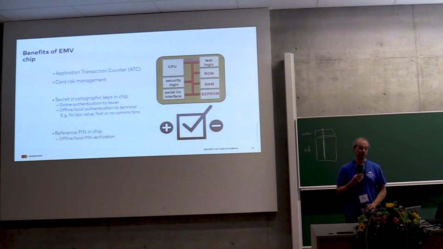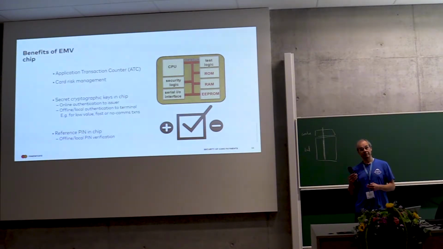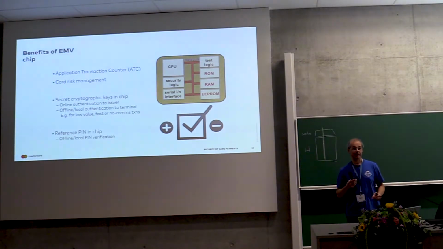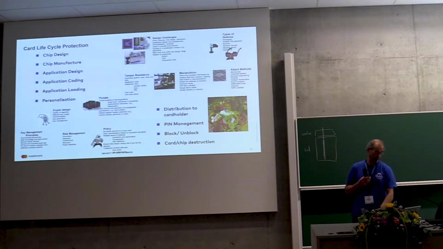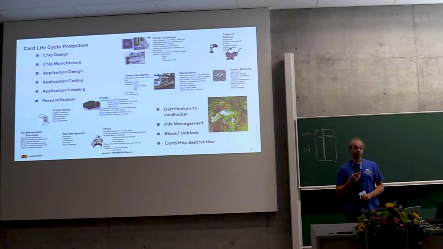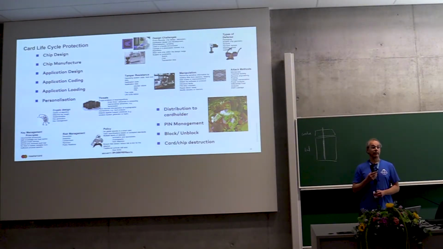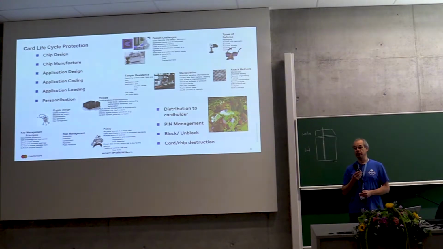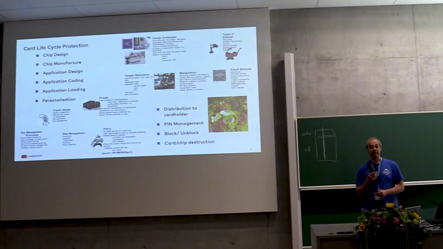In fact, there's a whole lot of stuff, as we saw this morning, that needs to be protected, because not only can you store secret cryptographic keys in these chip cards, but you've got to be able to protect them against things like side channel attacks. And there's a whole heap of stuff that goes on in order to ensure that these keys and the PINs are protected. I'm not going to go through this slide verbatim.